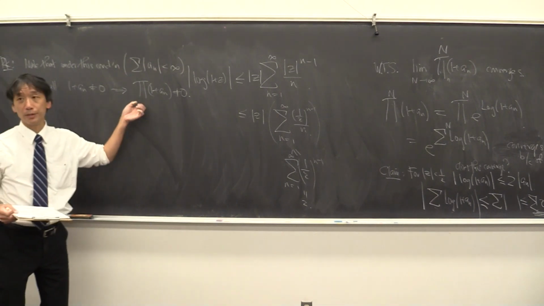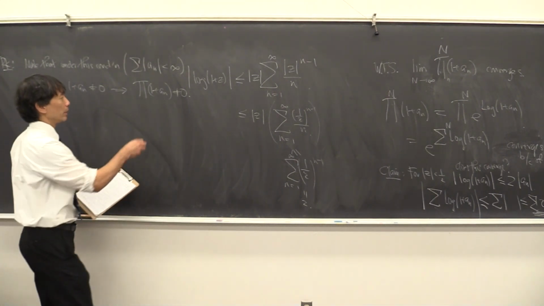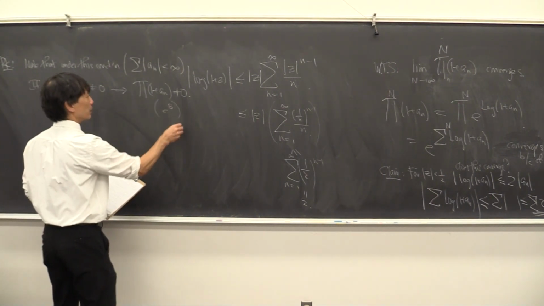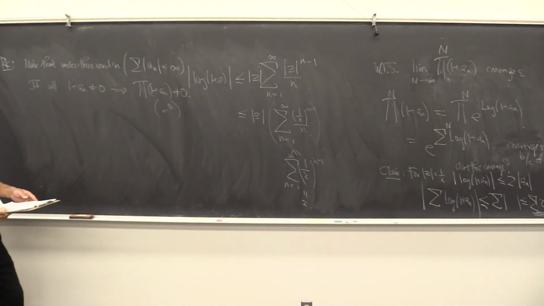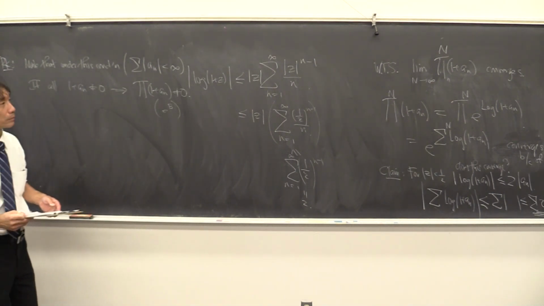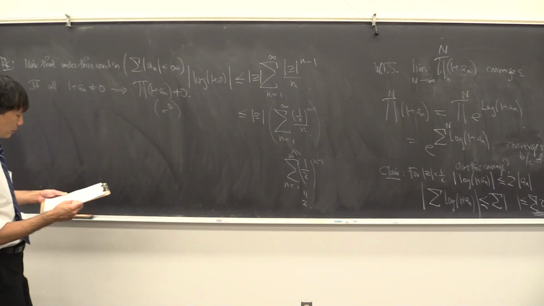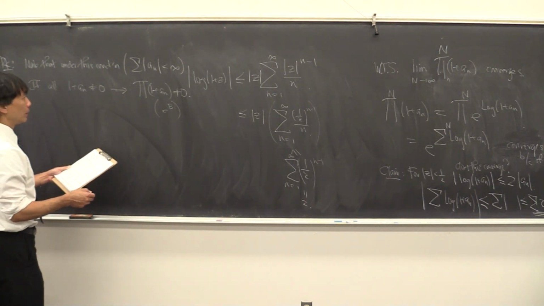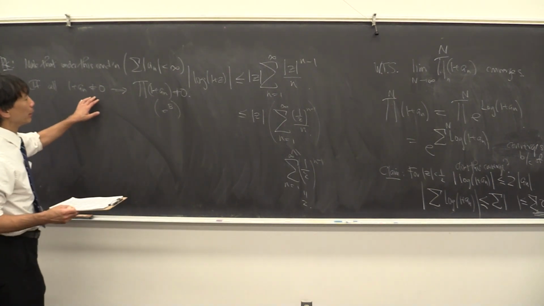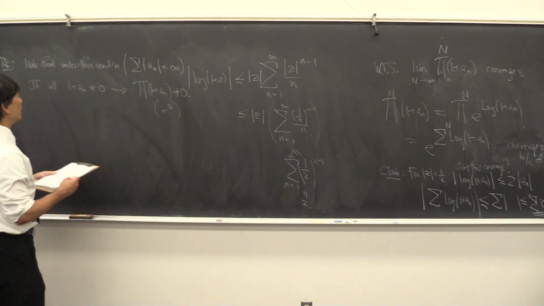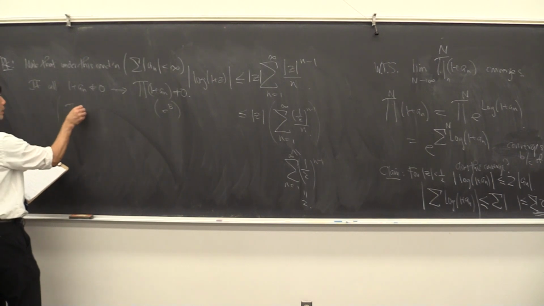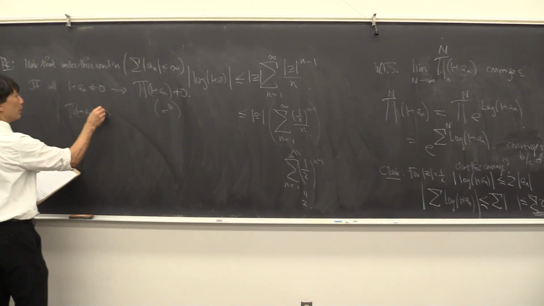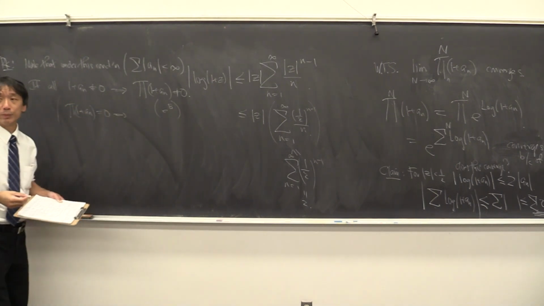Okay, because it's e to the something. So in other words, if you get 0, then one of the terms must be 0.